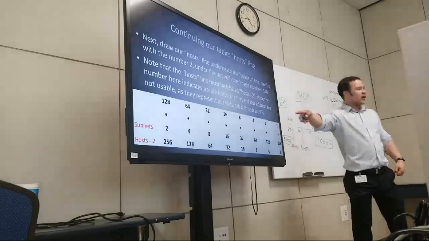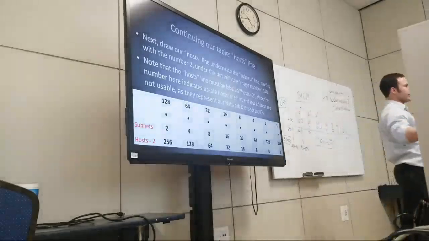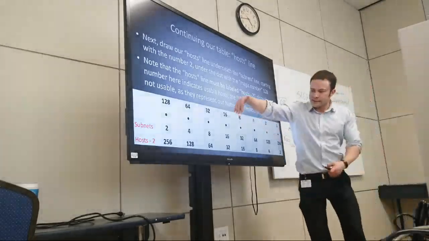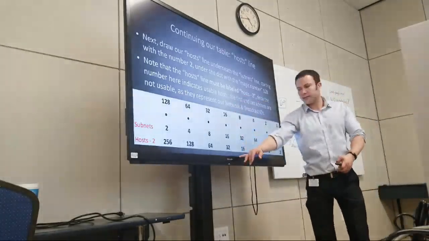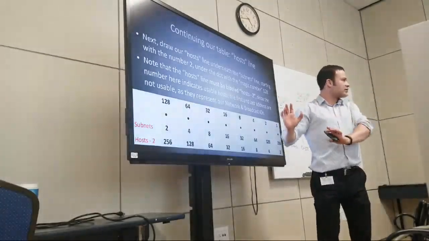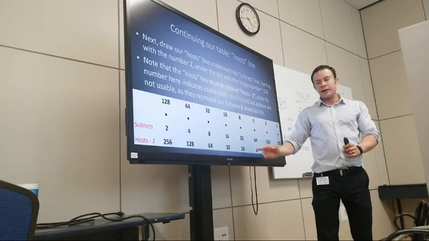You've got to label host -2, of course, because, for example, let's say we draw a line right here. Everything's going to go to the left of our line except for hosts. Host goes to the right of our line.